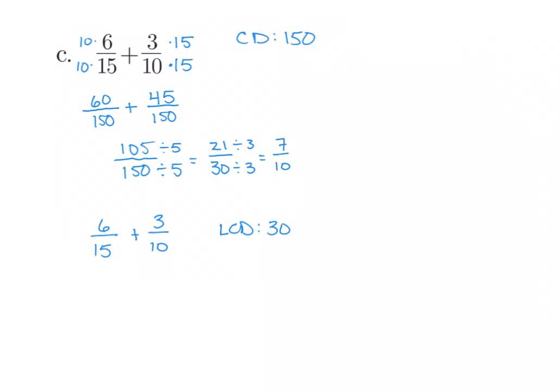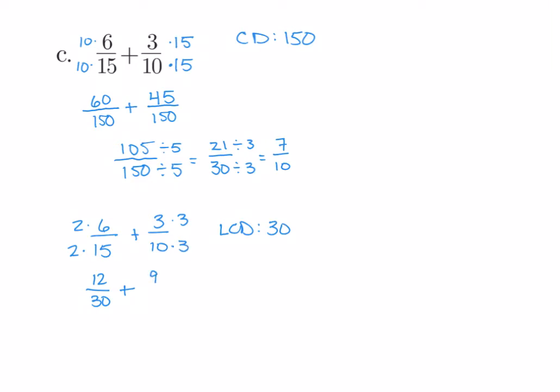So if we go ahead and work with our first fraction, to get from 15 to 30, I want to multiply by 2. We do it to the top and bottom, we get 12 over 30. Second fraction, I want to multiply by 3.